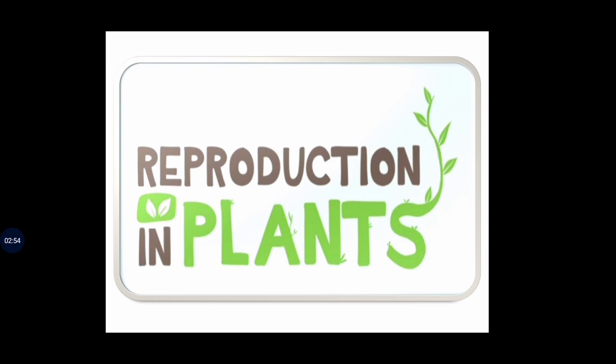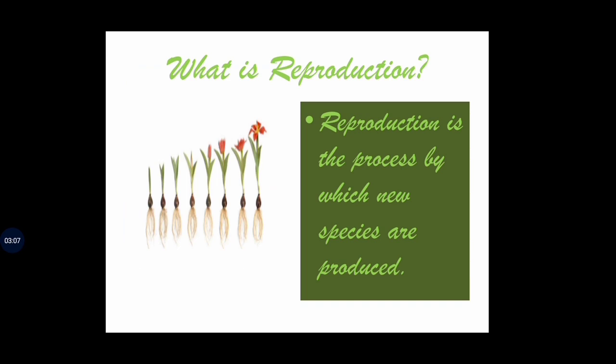The flowers perform the function of reproduction in plants. So it is very clear. So what is reproduction? Reproduction is a process by which new plants are produced.